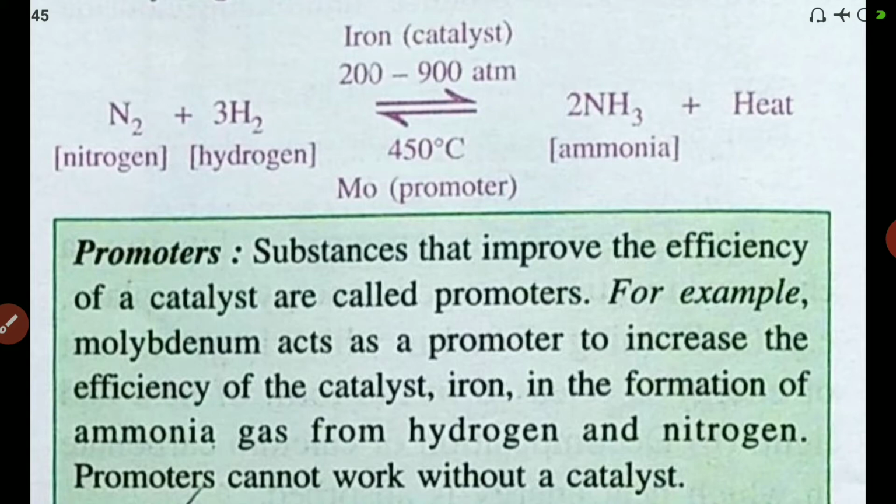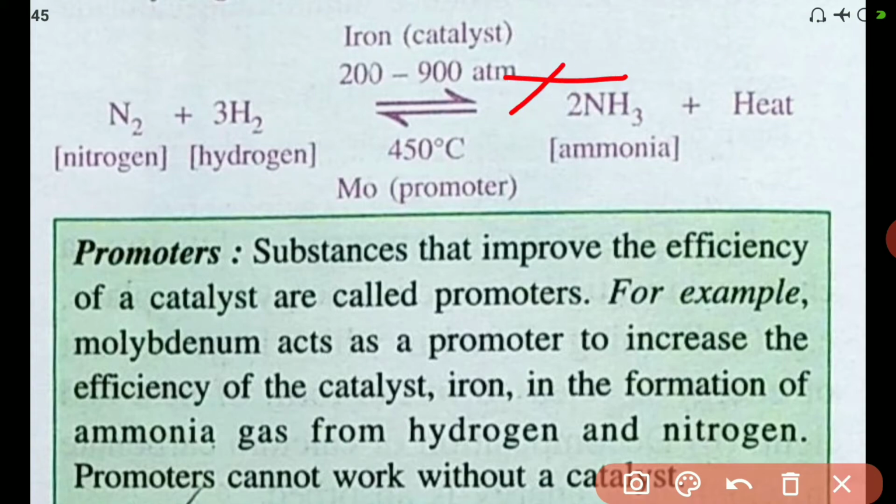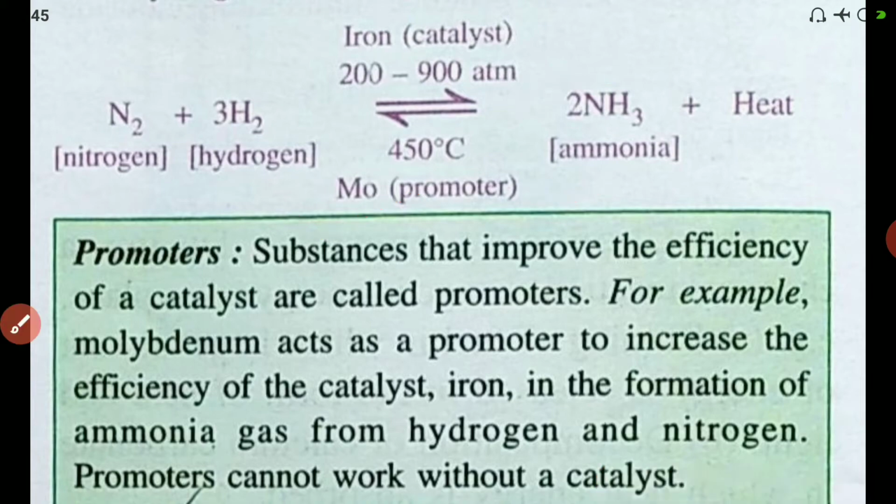That means if I do not put iron and I am only using molybdenum, then the reaction will take place at the same rate. It cannot be made faster, right? This promoter is to help iron to do its work. Okay, so I hope you understood the meaning of promoters.